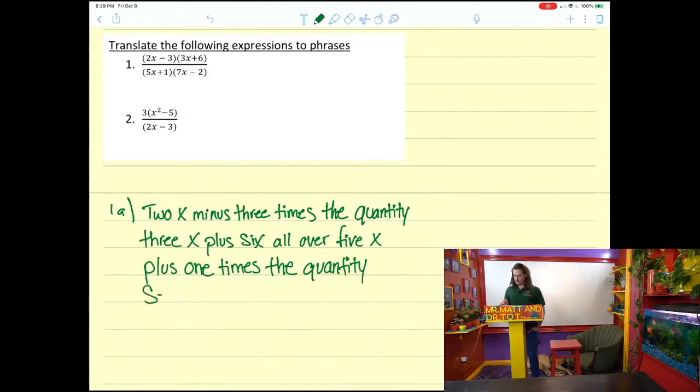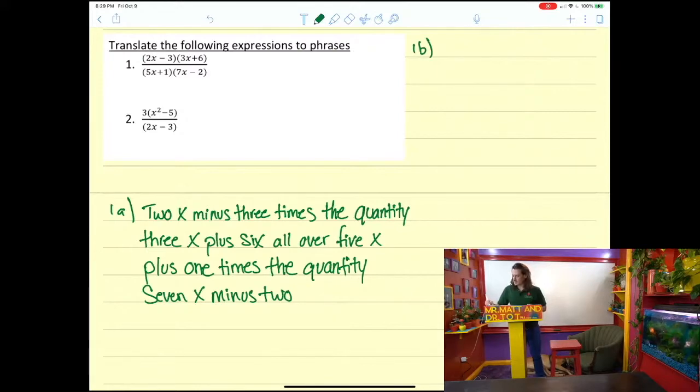Now notice the phrase all over. When you have a whole bunch of quantities, you can use the phrase all over to imply separating the numerator from the denominator. But you could also have expressed this several ways. We could, for example, say the product, remember product implies multiplication.